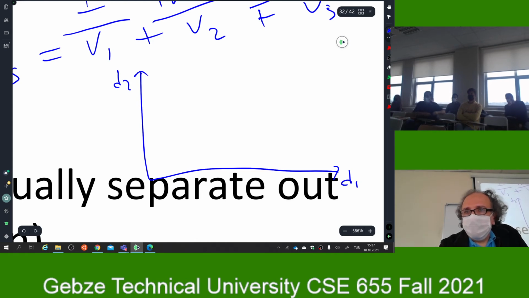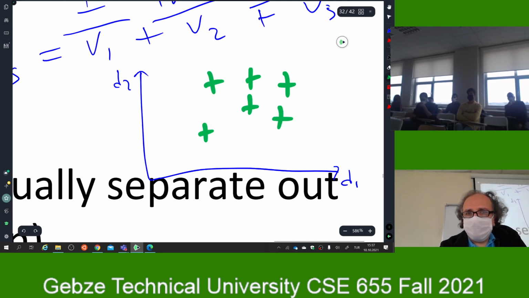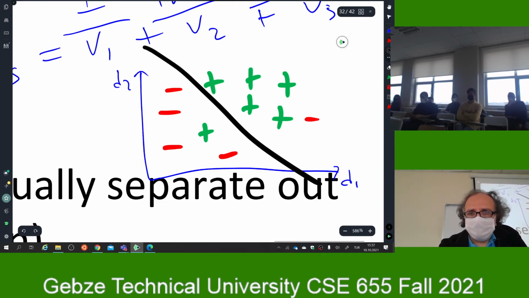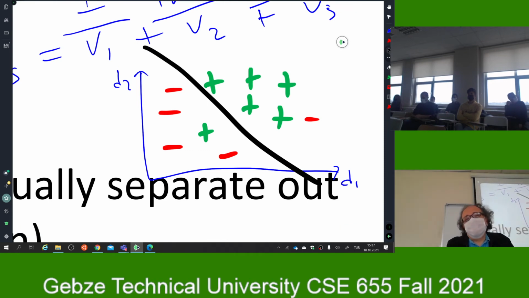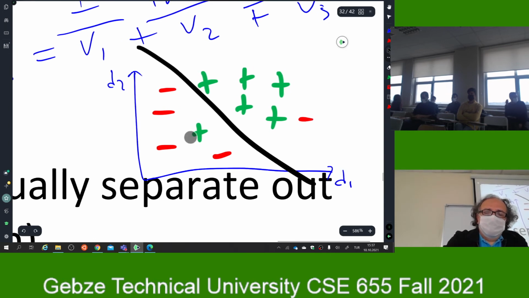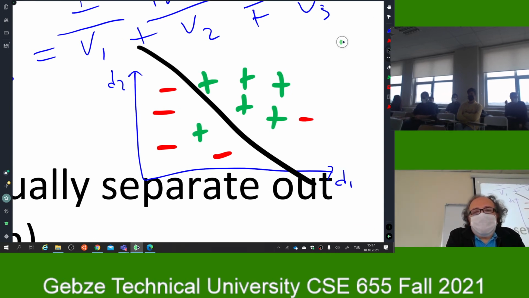If I draw it on this board, these are positives, and these are negatives. A line like this will divide this plane into two. As you see, I am making some mistakes, like one mistake here and the other one here. You don't expect to perform 100% for these kinds of cases. So it's a very simple approach to do this classification.